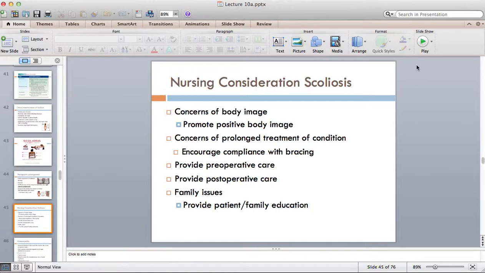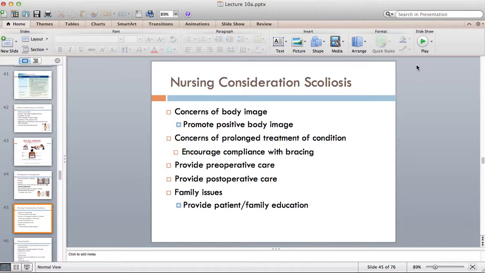It's not, it just halts the progression, and they need to wear it for most of the day, 23 hours. Okay. For adolescents, they need to wear a light t-shirt underneath before they put the braces on. Thank God these days they have a low brace. Before it was this huge one that starts from the neck, and when they put on their braces, their dress is sticking out.